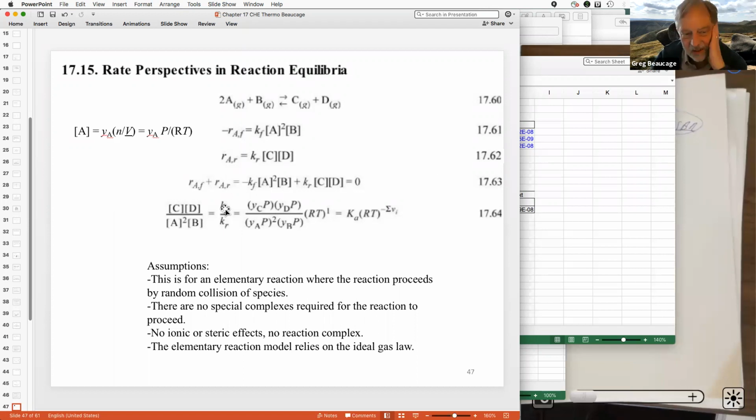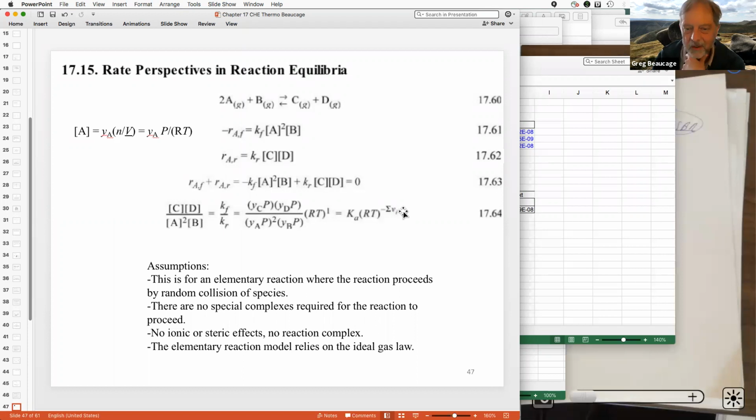But I think this is just put in to give you an idea of how, in this case, the forward and reverse reaction rate ratio is related to Ka, because it's a random reaction, because it's ideal gas, because there's no complex forming. Any number of things make it so that this is Ka plus this RT thing having to do with the ideal gas business.